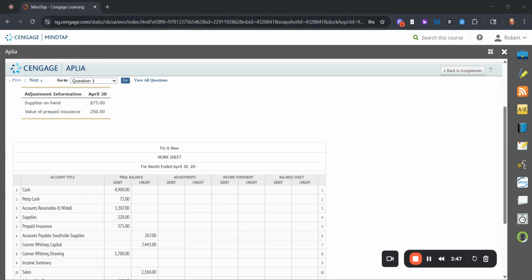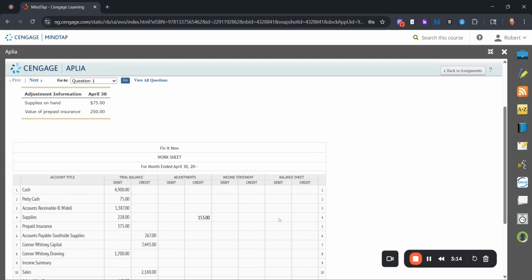So for record keeping, the way we're going to do that is enter this amount, $153, in the credit column. Remember that for assets, a decrease in an asset gets entered as a credit. So we have $153 there.